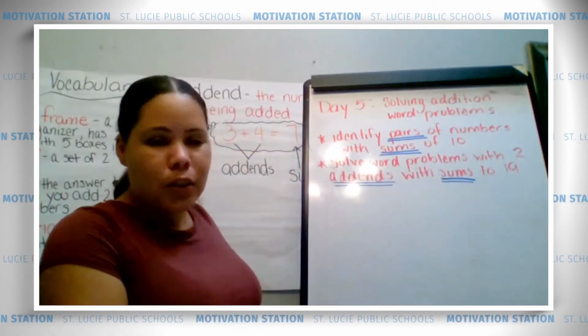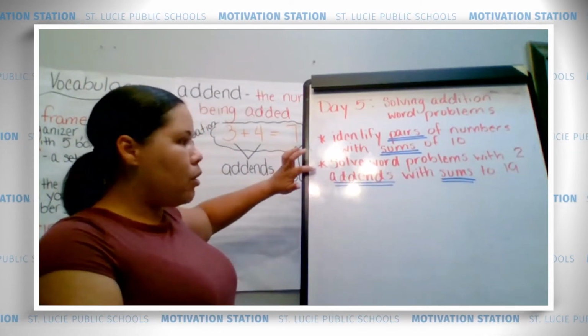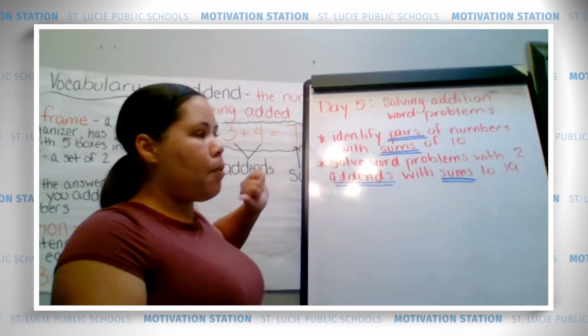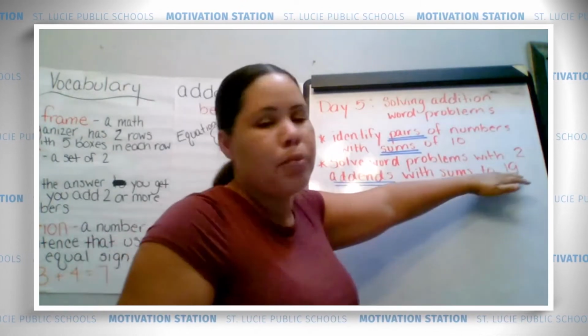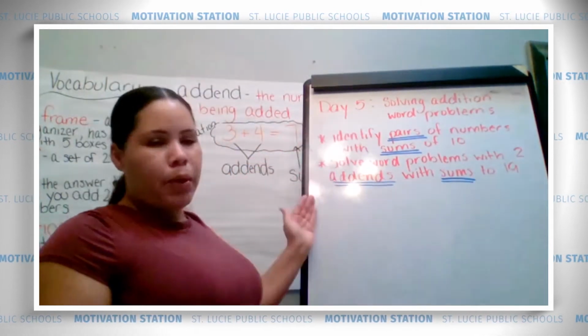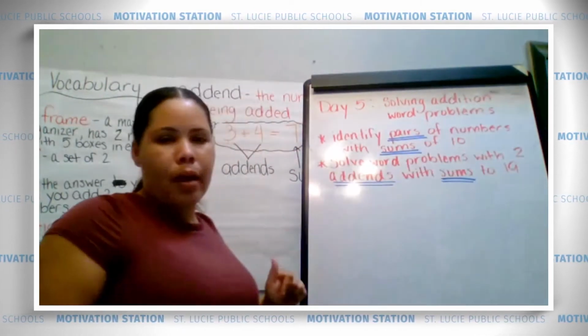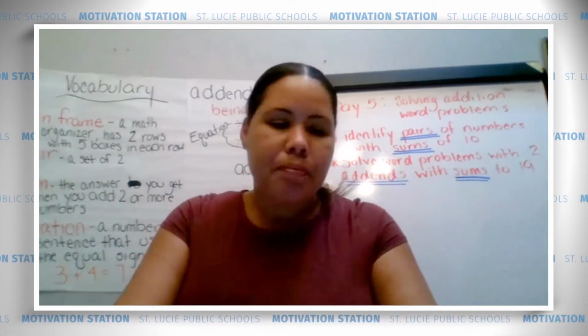So we're continuing to identify pairs of numbers that add up to 10, and we are going to start solving word problems with two add-ins that have sums up to 19. First we're going to review going up to 10, but we are going to add in all the way up to 19, which we learned in our spillover game.